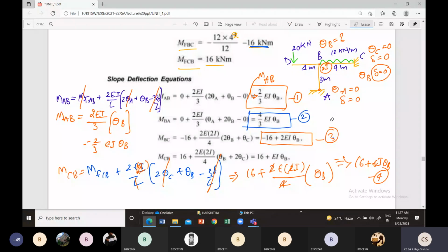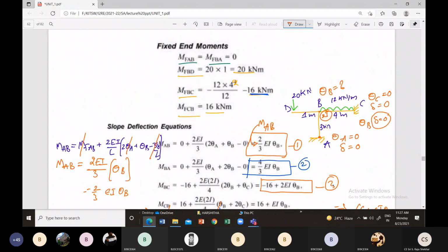So we have developed the slope deflection equations for AB, BA, BC, CD. But BD is also there. For member BD, D is a free end, so it is not able to take any moment. Support D will not develop any moment.